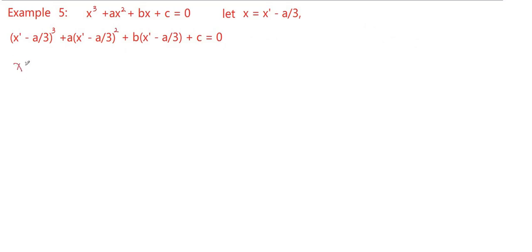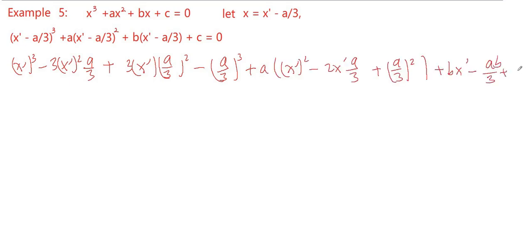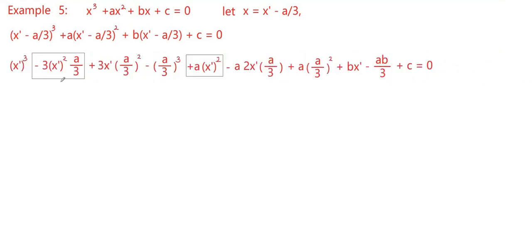Then x dot cube, minus 3 x dot square a divided by 3, plus 3 a divided by 3 square x dot, minus a divided by 3 cube, plus ab divided by 3 plus c equal to 0. We take a close look.